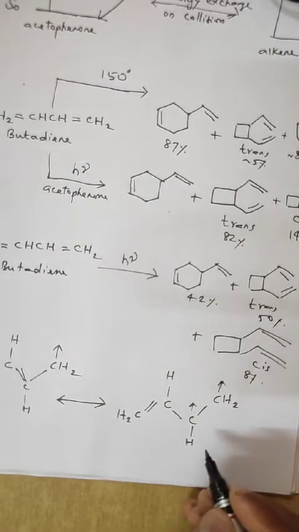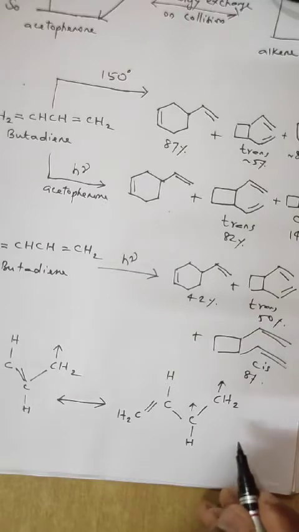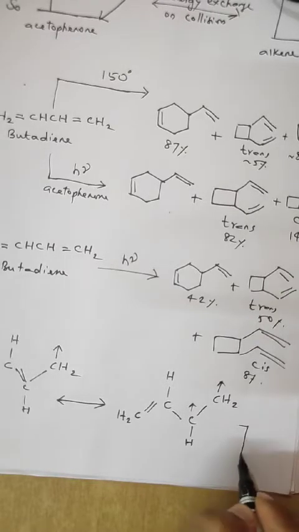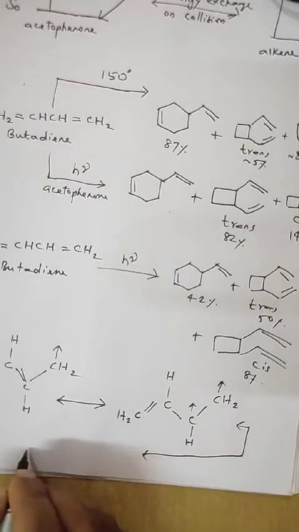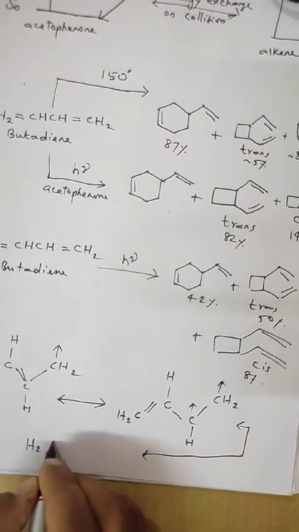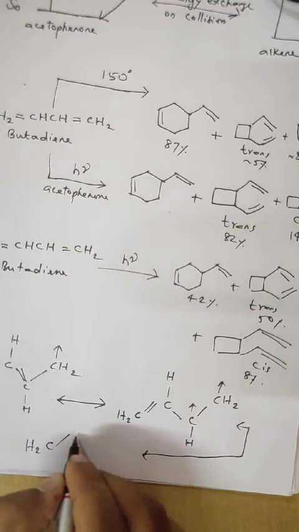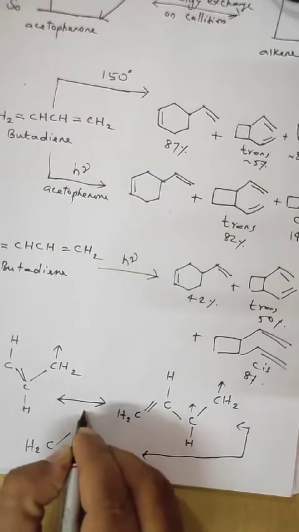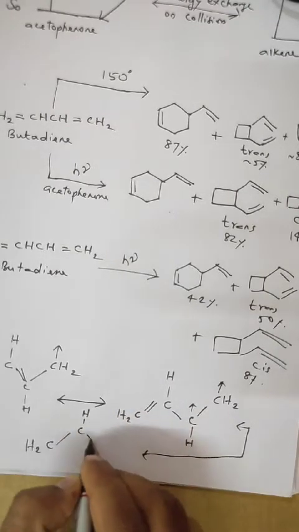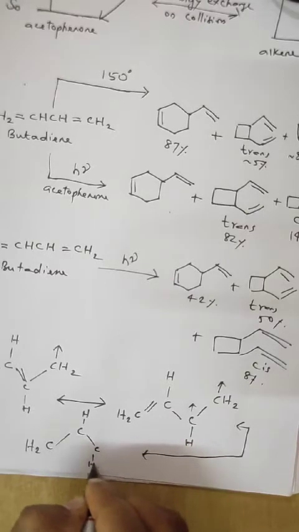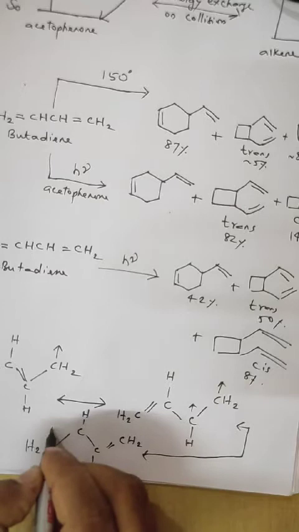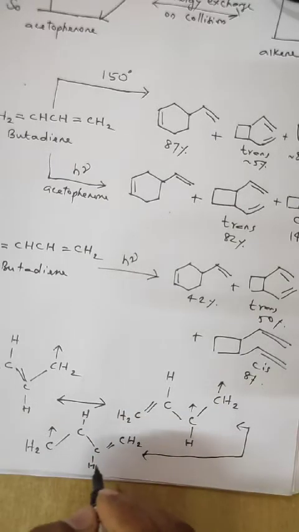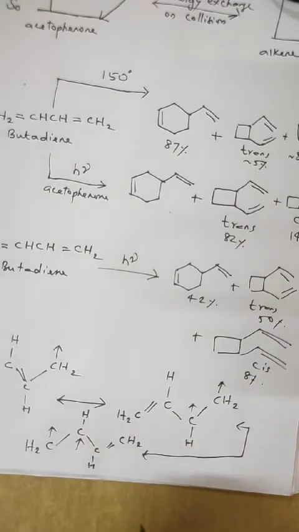Then you have another form like this: CH2, CH, then you have CH double bond CH2. Now here one carbon, then you have another, this carbon.